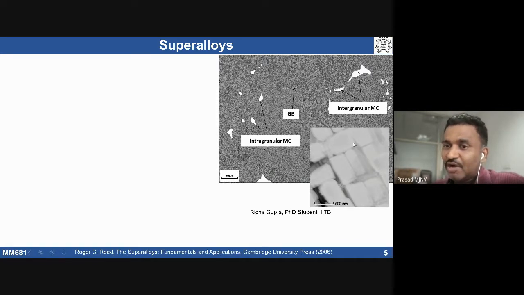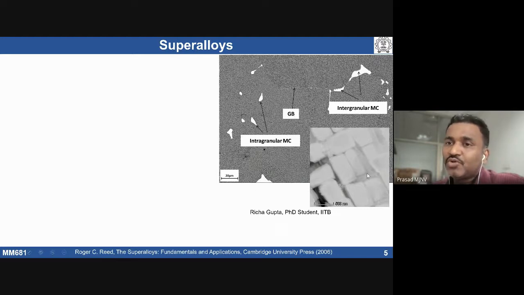The gamma matrix is basically nickel matrix, in nickel based superalloys, and gamma prime is basically Ni3Al, nickel aluminide. Ni3Al is an intermetallic compound, which forms the gamma prime precipitates.